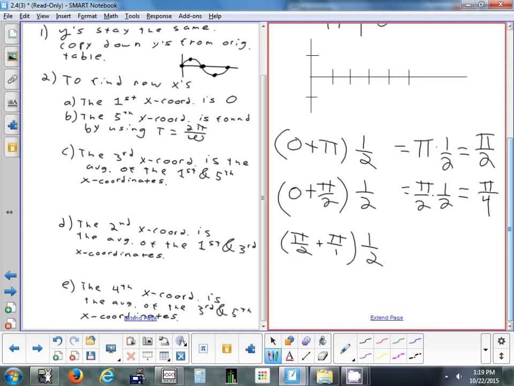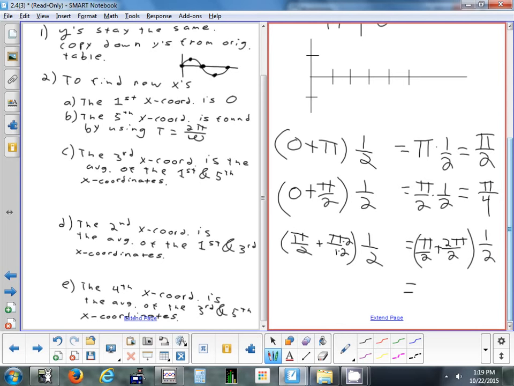What do I have to do to add these together? Get a common denominator. Yep, I need a common denominator. What's my common denominator between 1 and 2? 2. So I'm going to multiply the bottom by 2 and the top by 2. So I got pi over 2 plus 2 pi over 2, and then take half of it.